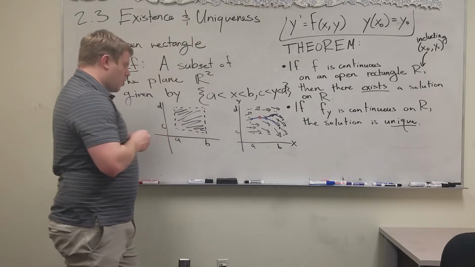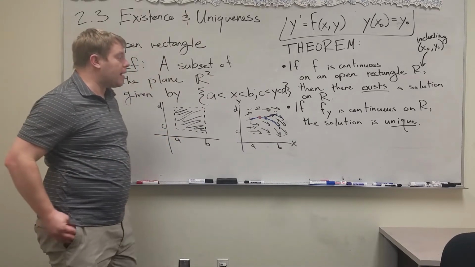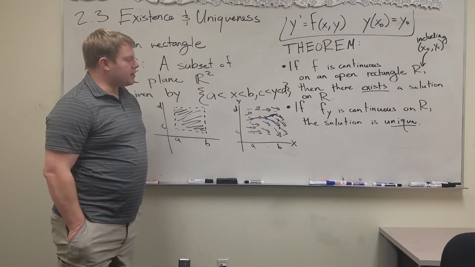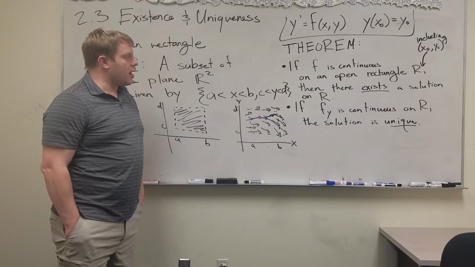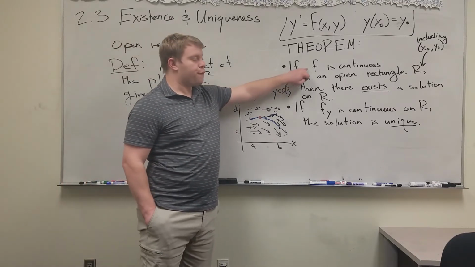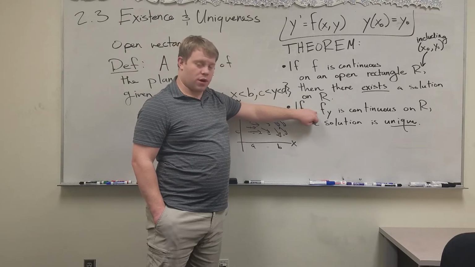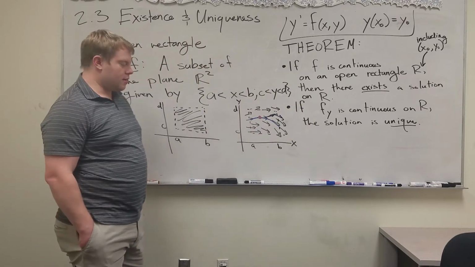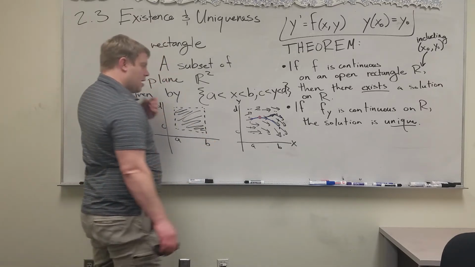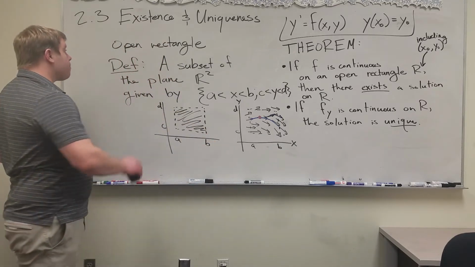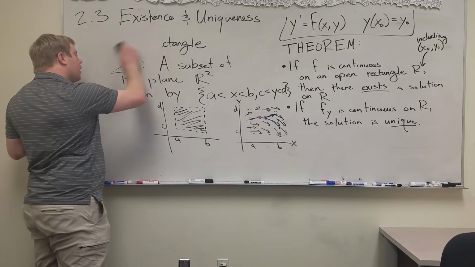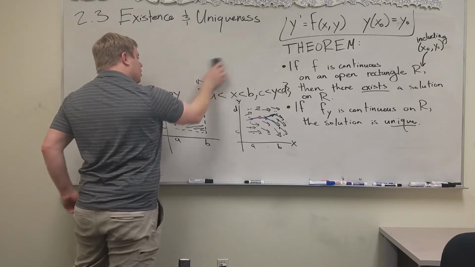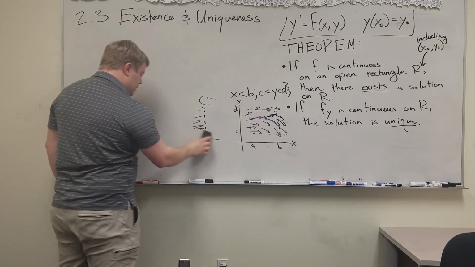Now, I'm not going to go into all of the proof behind this theorem, but you should know that as long as we have a continuous function f, and it has a continuous partial derivative with respect to y, then solutions exist and are unique on an open rectangle that contains the initial point. So let's use this theorem in some examples.